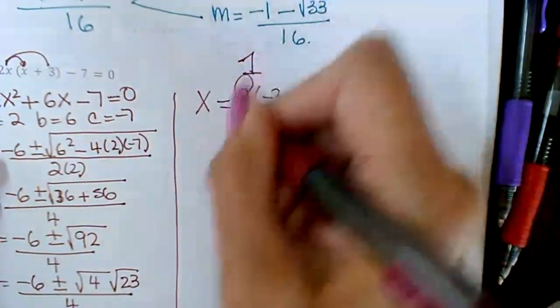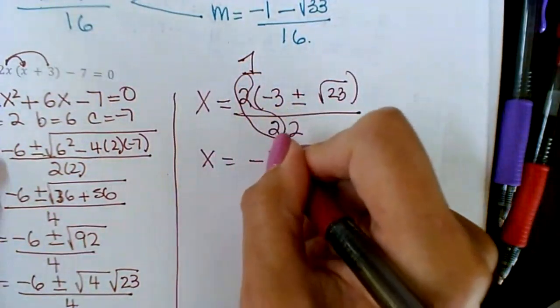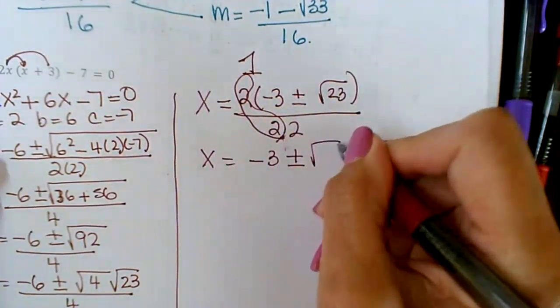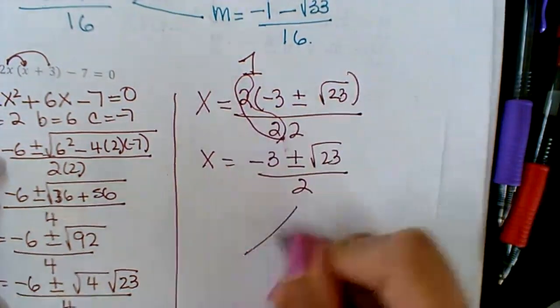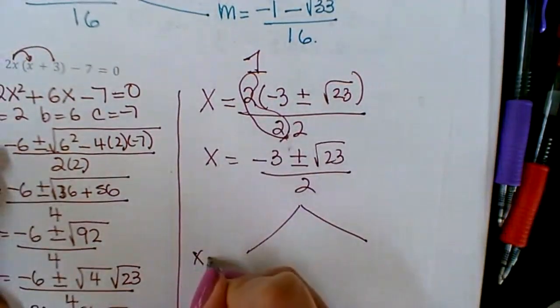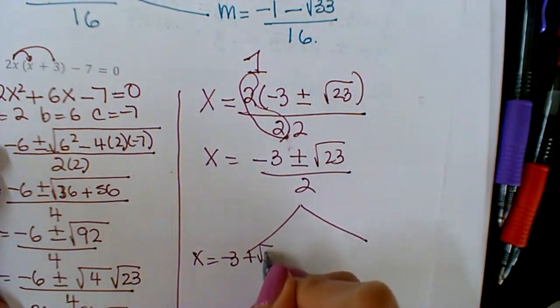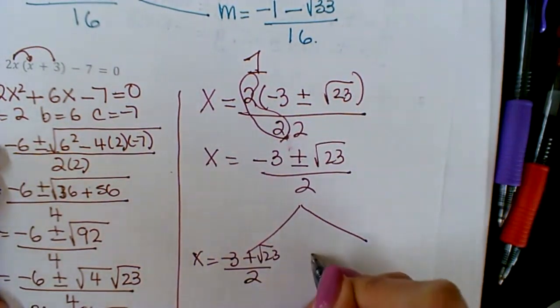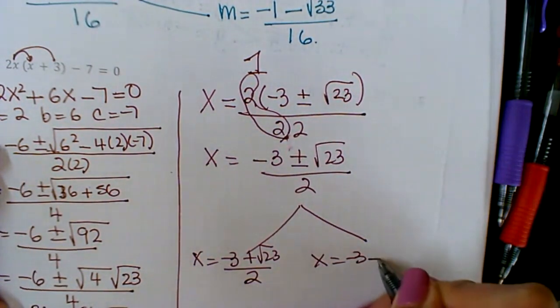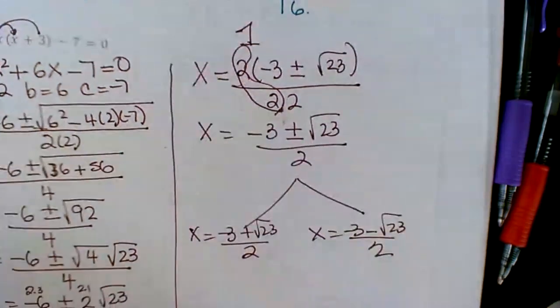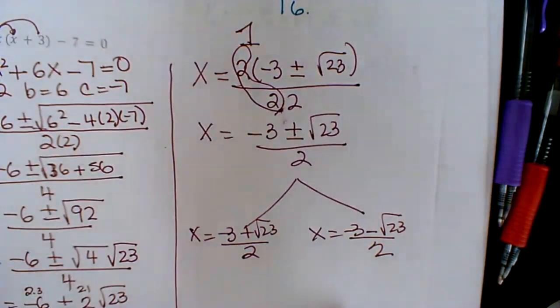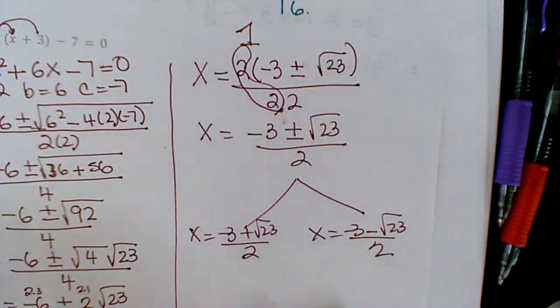So this makes us a 1. And we're going to have two answers. Negative 3 plus the square root of 23 divided by 2. And negative 3 minus the square root of 23 divided by 2.